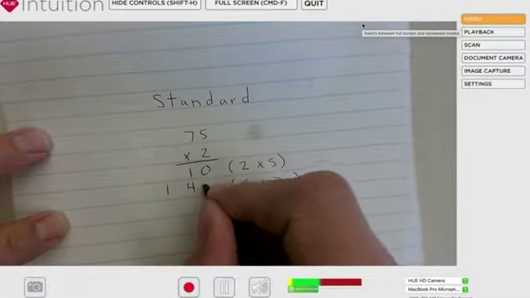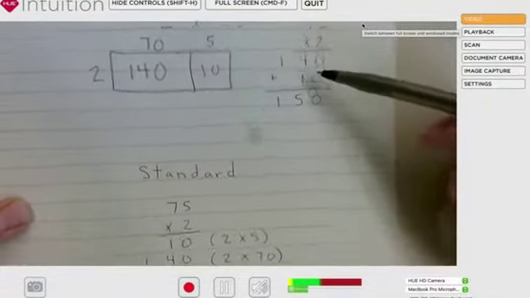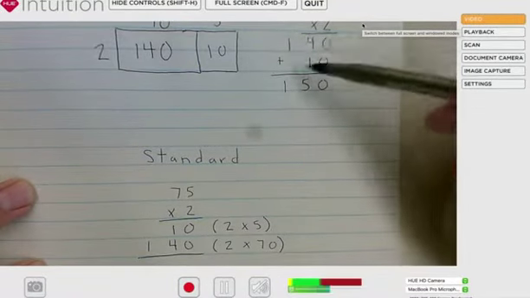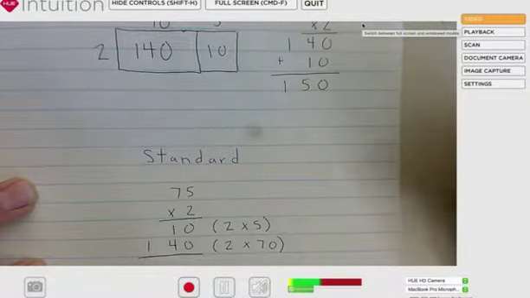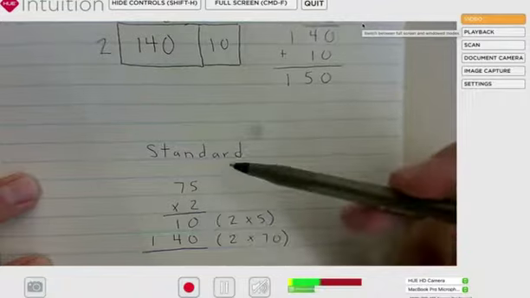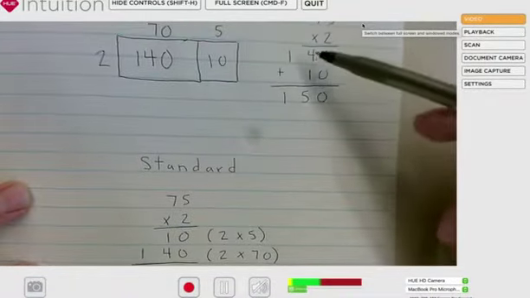Now, you might notice when you compare these that the partial products are in the opposite order. The 140 is on top and the 10. With addition, it doesn't really matter where they are, right? So this is the way for standard algorithm. It looks a little lopsided, right? We're usually used to seeing the larger number on top.